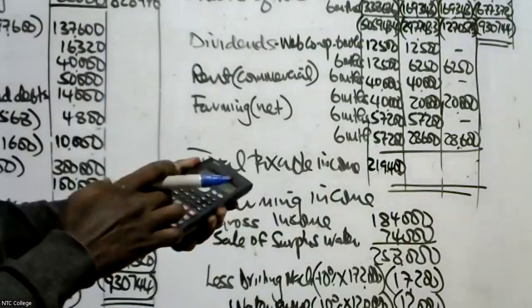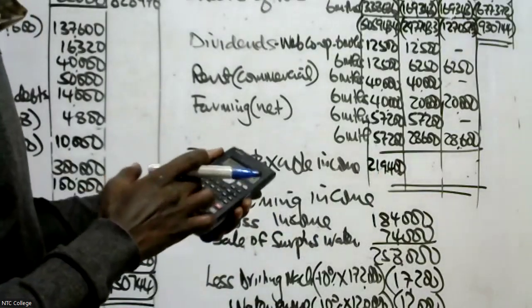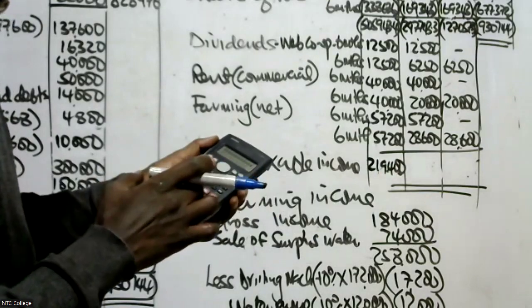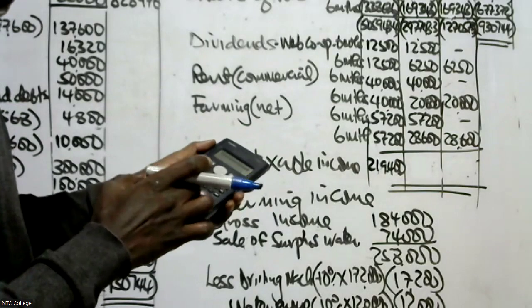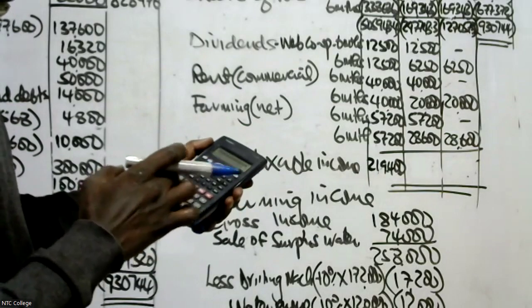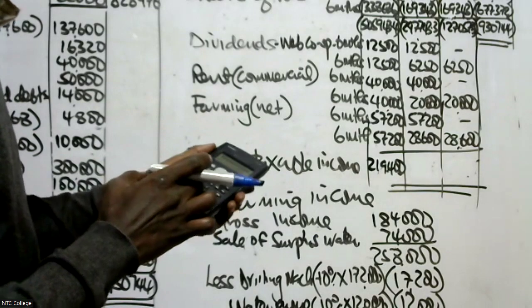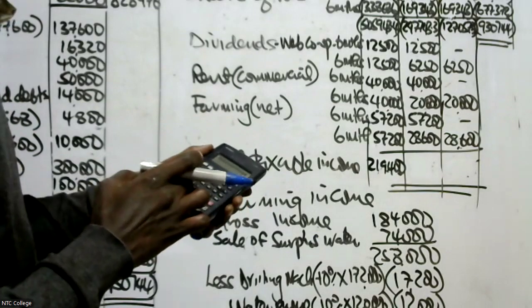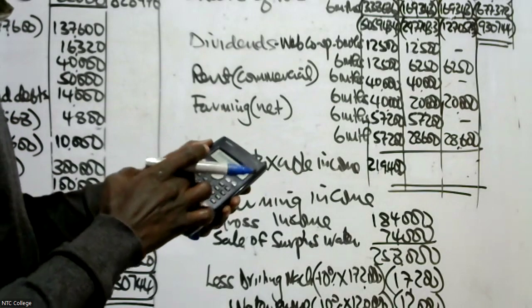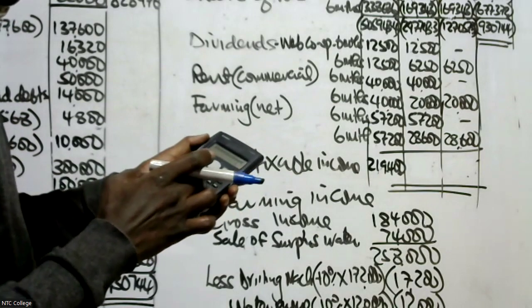Then Bina is 12,500 plus 6,250 plus 60,000 plus 57,200 plus 28,600.